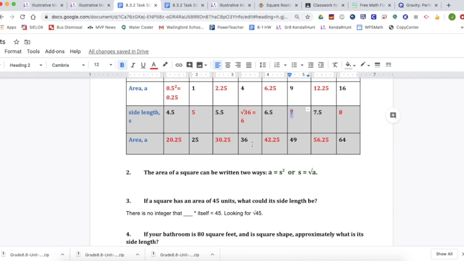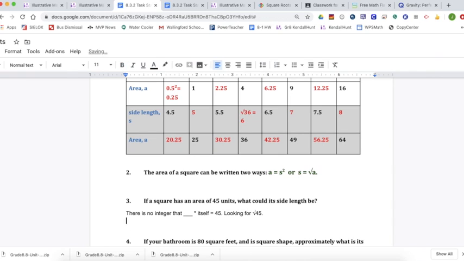And if my area was 36, my side length was 6. So it has to be between 6 and 7, because 45 is between 6 squared and 7 squared, which is really 36 and 49. So it's between 6 and 7.